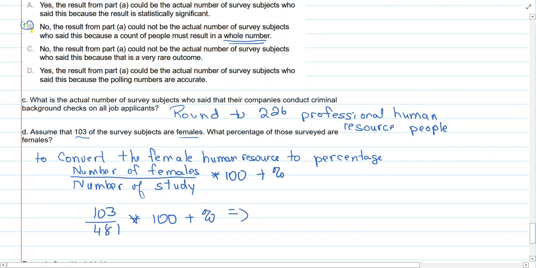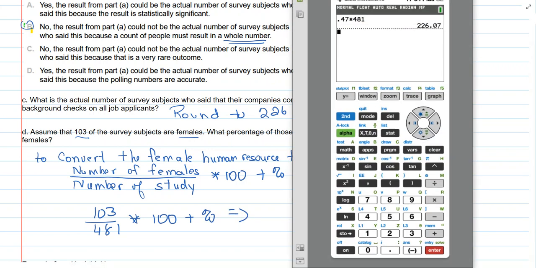So on our calculator, 103, because fractions are undone division, divided by the 481 times the 100. So here we go, 21.41.